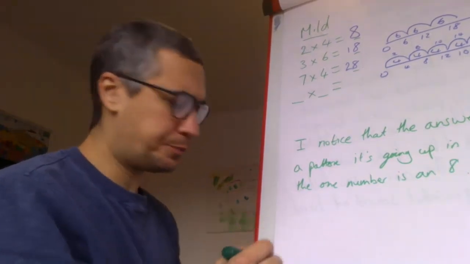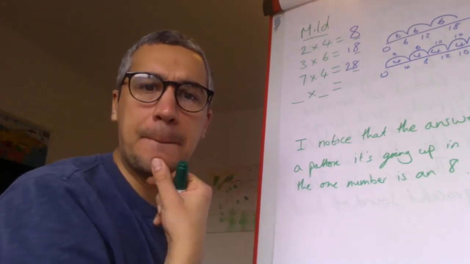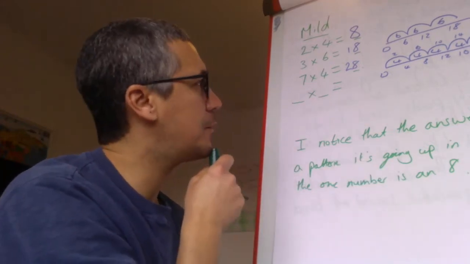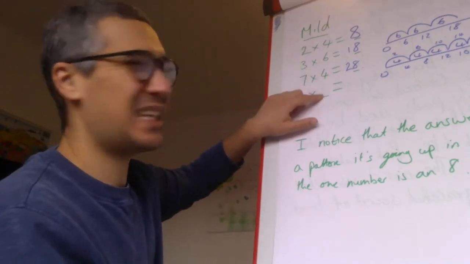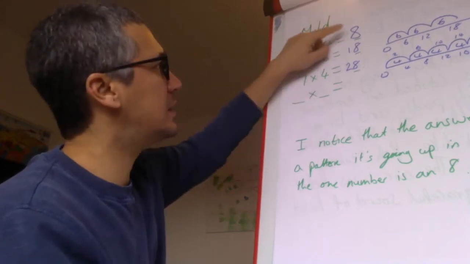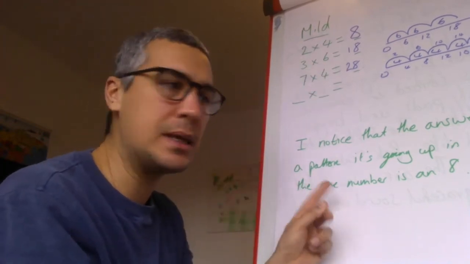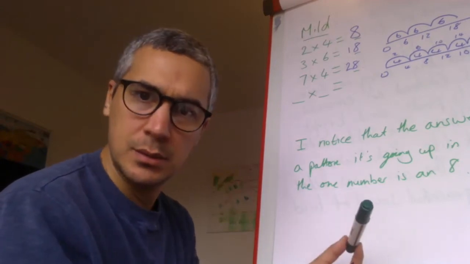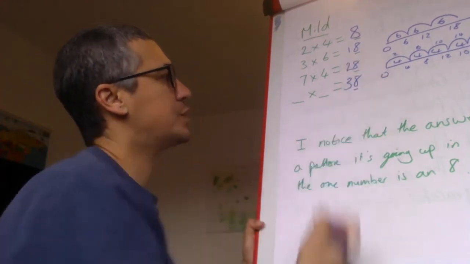Okay, that's great. The next question says, do you think you can guess what the next calculation in that sequence would be? So now I'm looking at it and I'm thinking, right, maybe there could be a 6 there, but I don't know. But one thing I do know is that if it's going up in tens, I know what the answer for the next one's going to be. And so the answer of the next one must be, what is it? 38. It must be 38 because it's 10 more than 28.